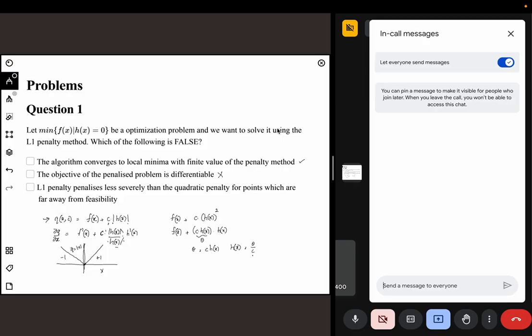The last option: L1 penalty penalizes less severely than the quadratic penalty for points which are far away from feasibility. True or false?